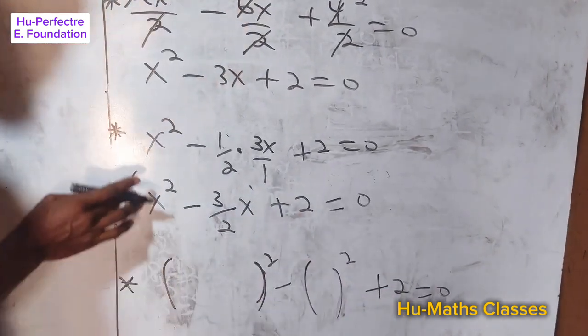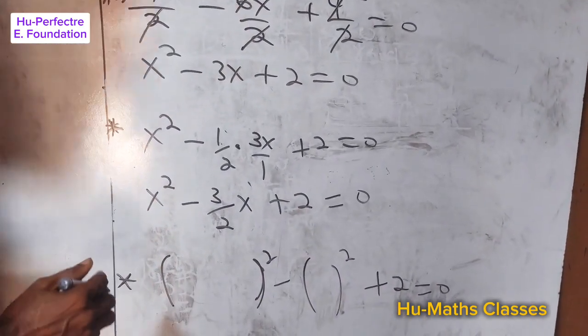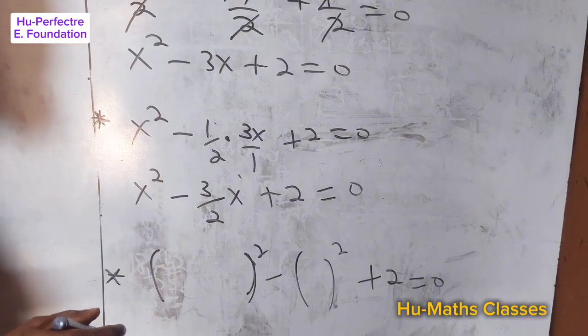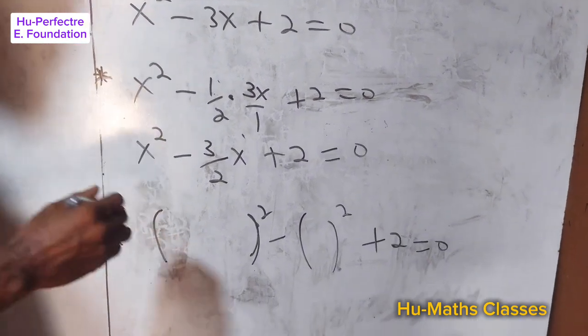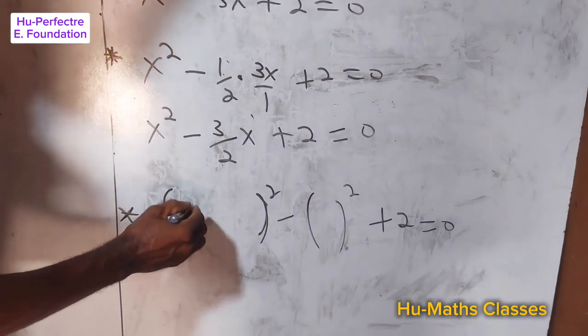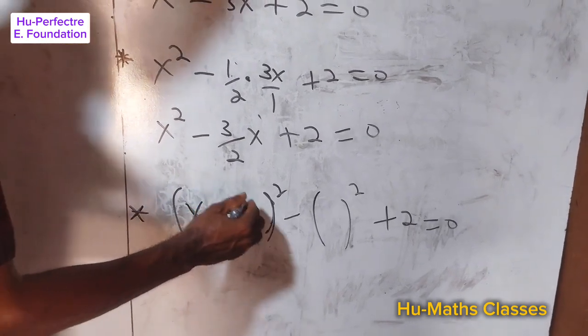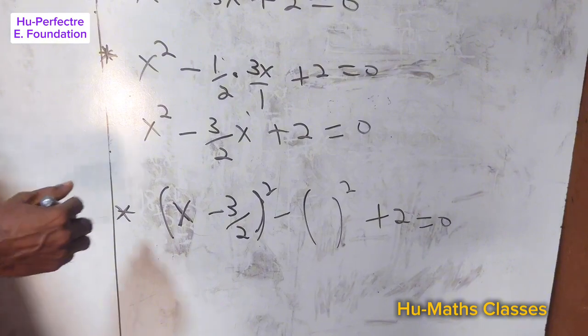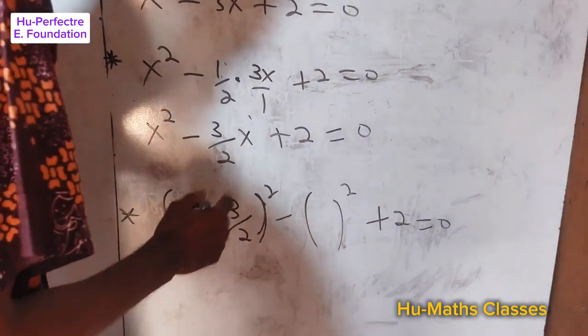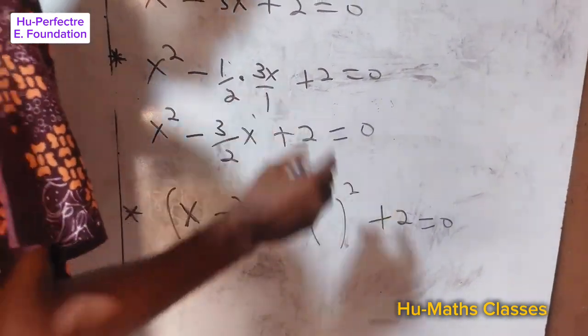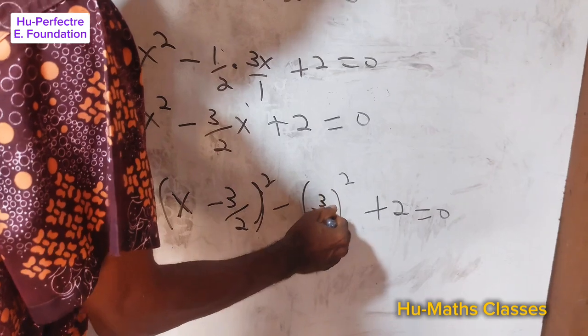Please don't get it confused. In the first bracket, I'm going to write the independent variable, which is x, and the coefficient of the second variable, which is minus 3 over 2. And in the next bracket, I'll write the coefficient of the second variable alone, which is minus 3 over 2.